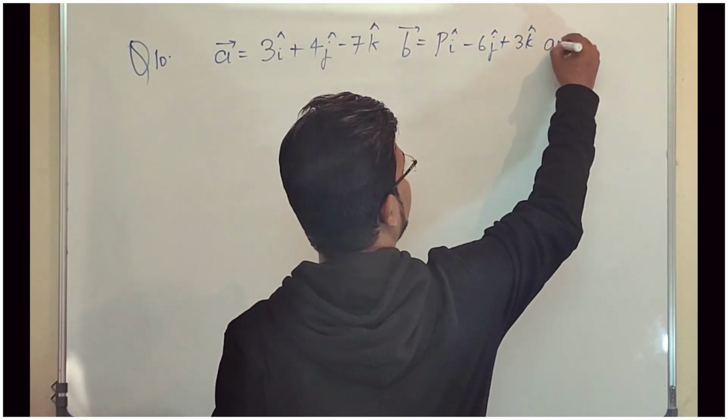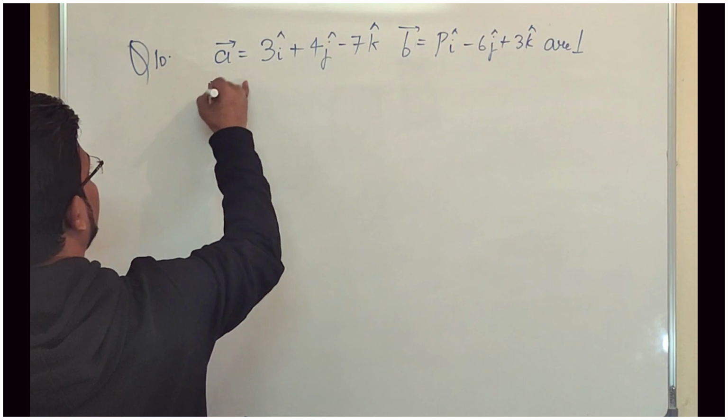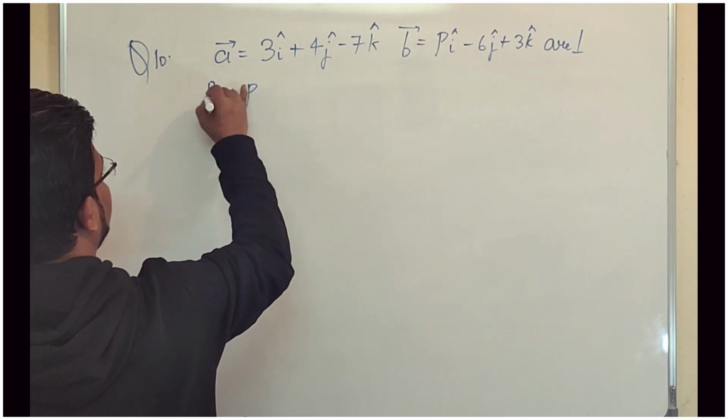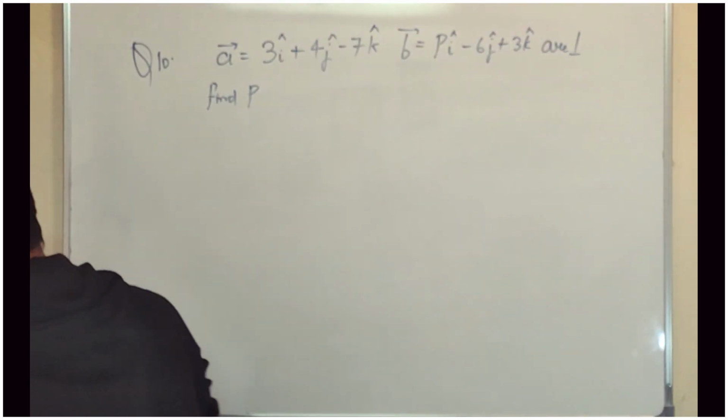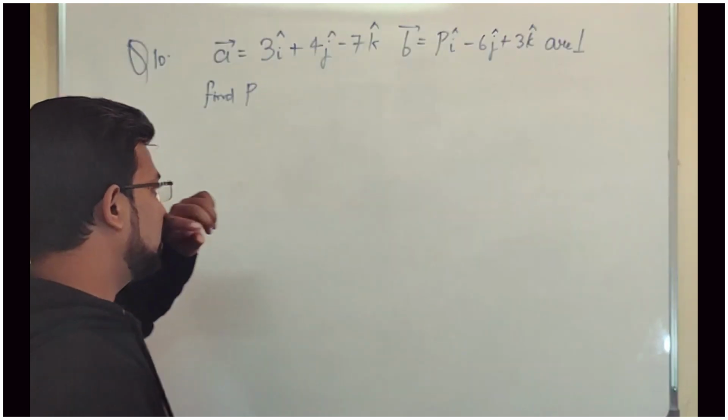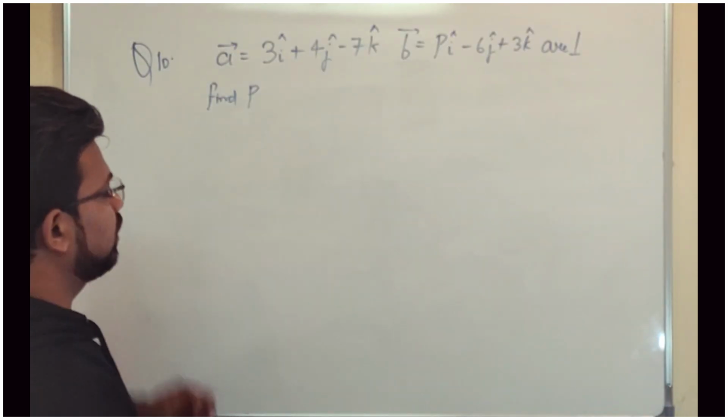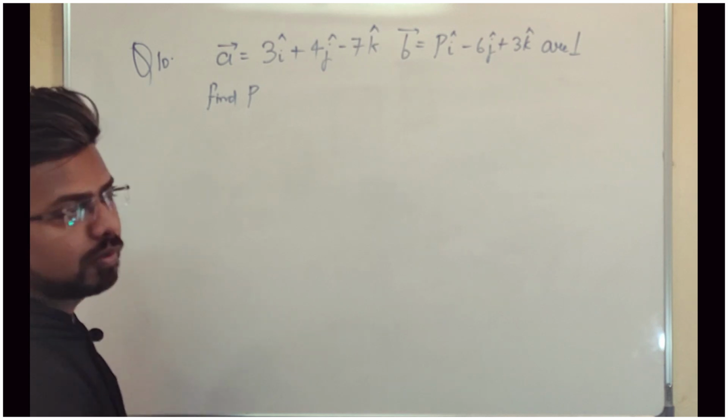They are perpendicular. Find p. See, from this you can judge the level of the questions. That is, questions are not very difficult. It's very easy, simple. You need to know some certain fundamentals.